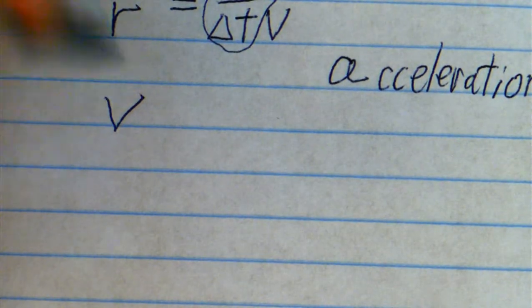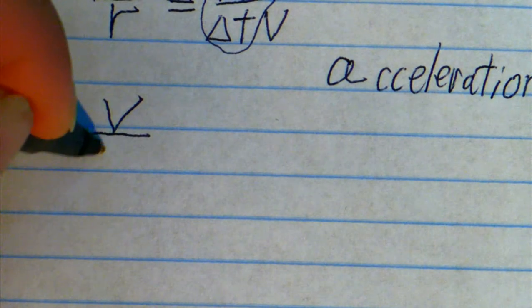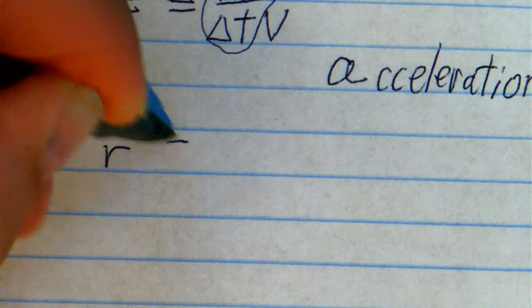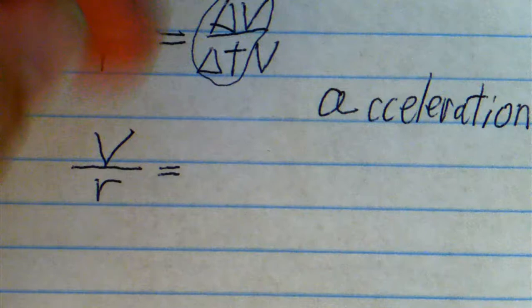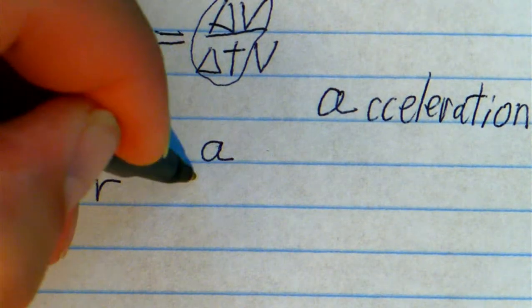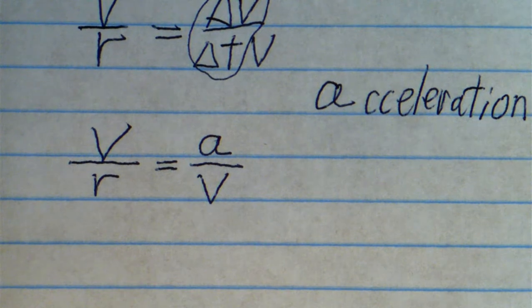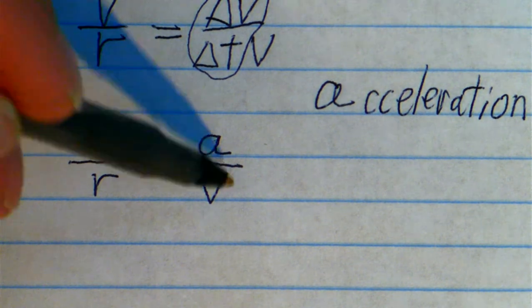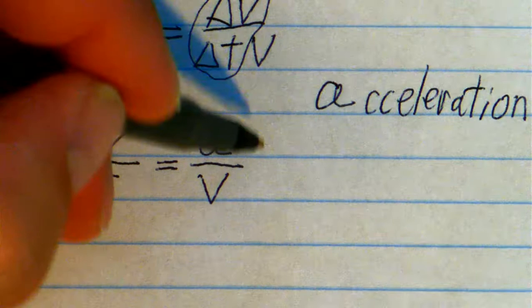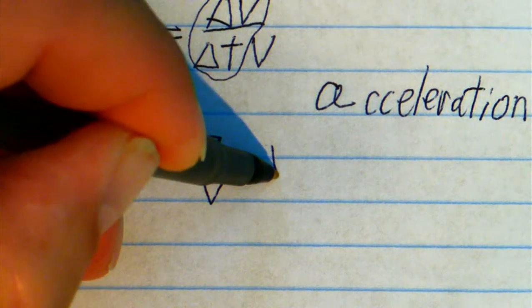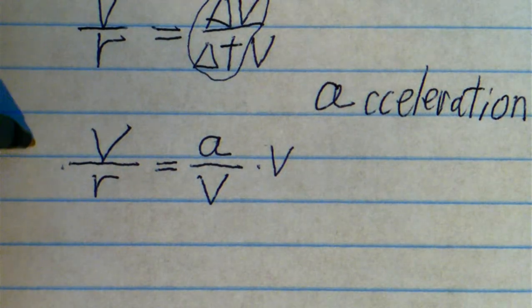So now I have v divided by r is equal to a divided by v. These v's do not cancel. Instead, what I could choose to do is multiply both sides by v.